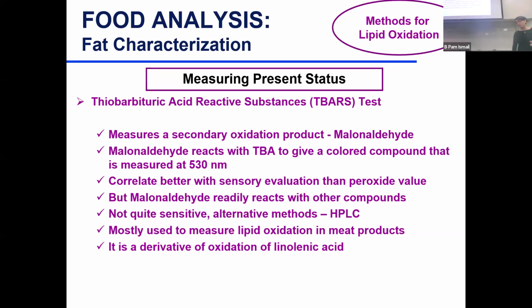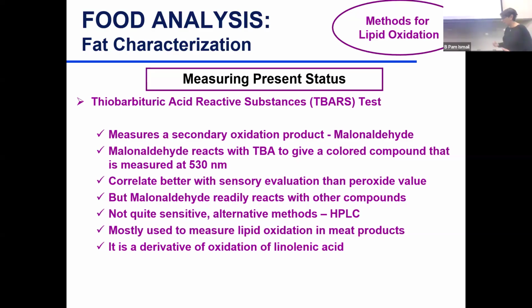So if you have a food product that is high in linolenic acid, that would be a good test for measurement. It's very commonly used for lipid oxidation in meat products. Malonaldehyde reacts with TBA, thiobarbituric acid, and gives you a compound that is a chromophore, and you measure absorption. It correlates really well with sensory evaluation because it's a measure of secondary metabolites.